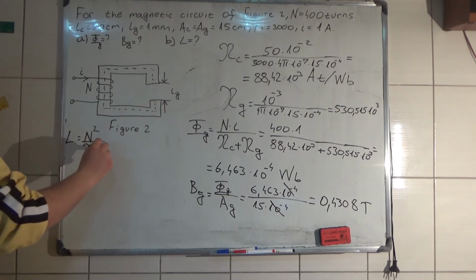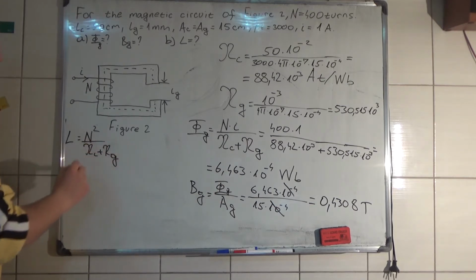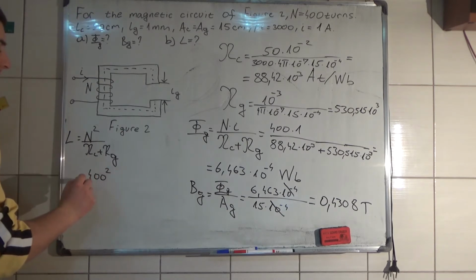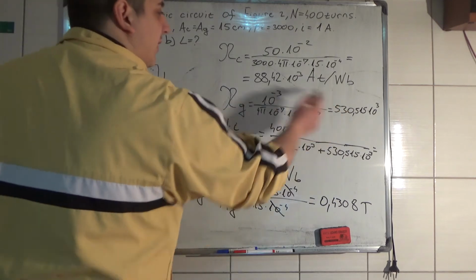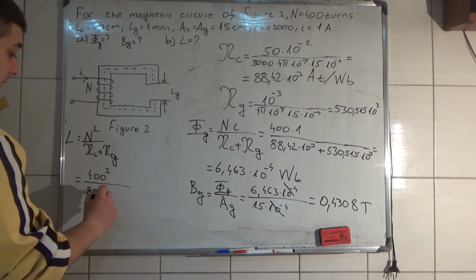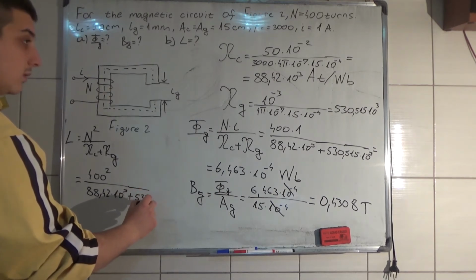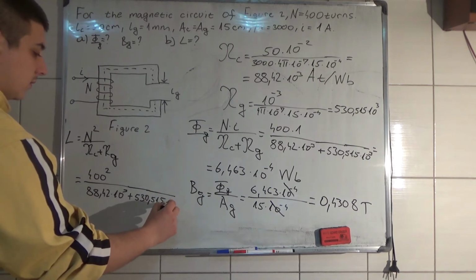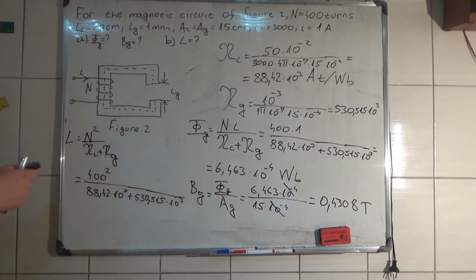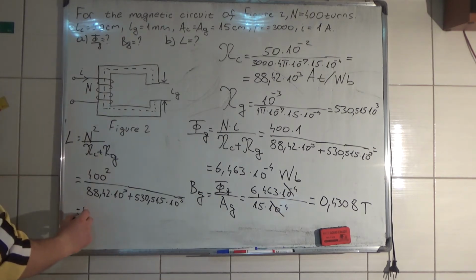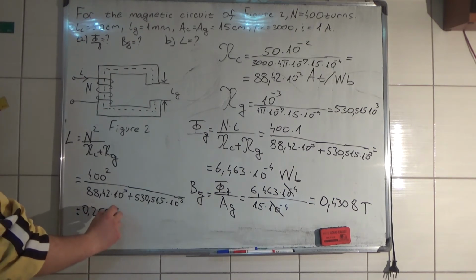So that is equal to 400 squared divided by the sum of these two, and I get that this is equal to 0.258 Henry.